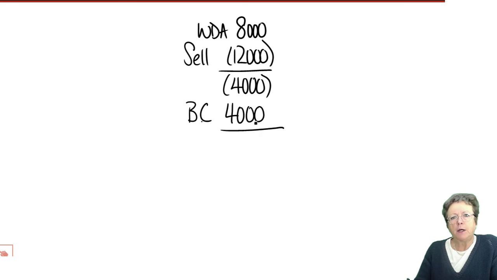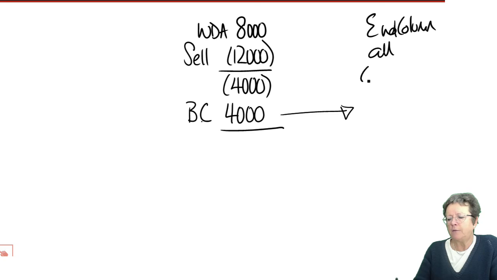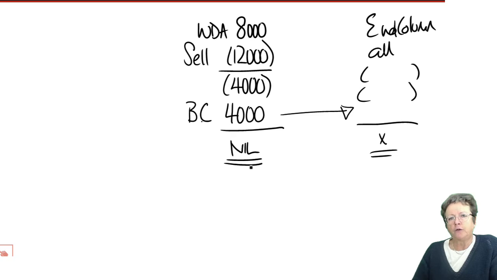You notice no brackets, so if you send that across to your end column, which is your allowances column, and they've all got brackets round, that one doesn't, that's obviously going to have an impact on your answer. Because at the end of the day, if that asset has been sold, it needs to be emptied out of the capital allowances computation. So you need to make it nil at the end of the day.